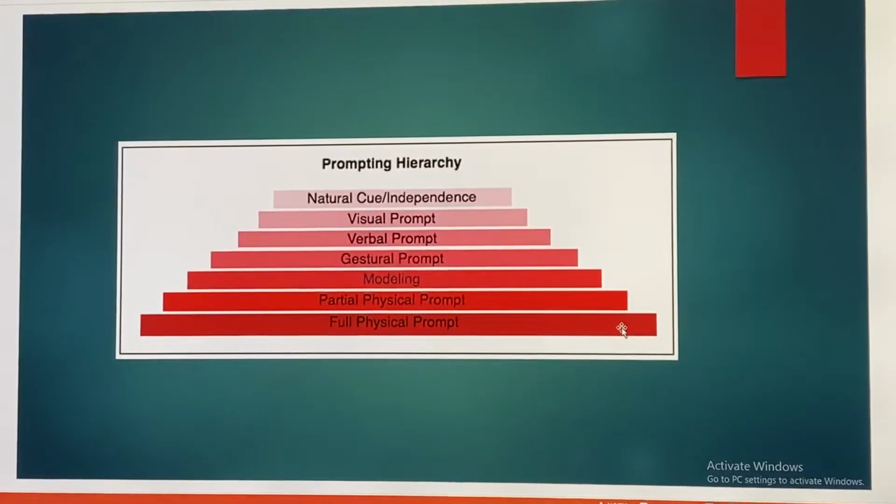For example, we give an instruction, touch the ball. The instruction touch the ball will be the stimulus, and I will prompt with the highest level of prompt, which is full physical. So as soon as I say touch the ball, I will take the learner's hand and physically guide them to touch the ball.